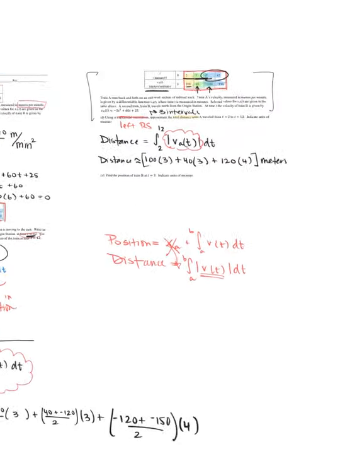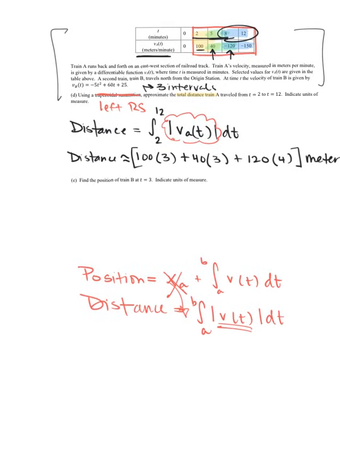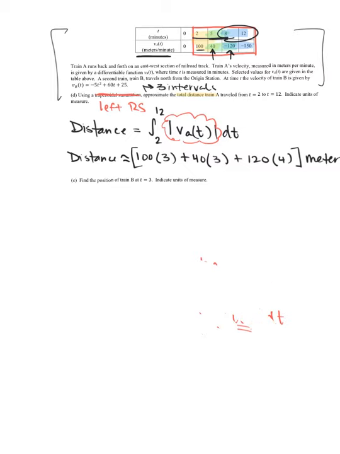Okay. All right, so for part E, find the position of train B at t equals 3. And so for this one, let me erase this right here so I have a little bit of room.